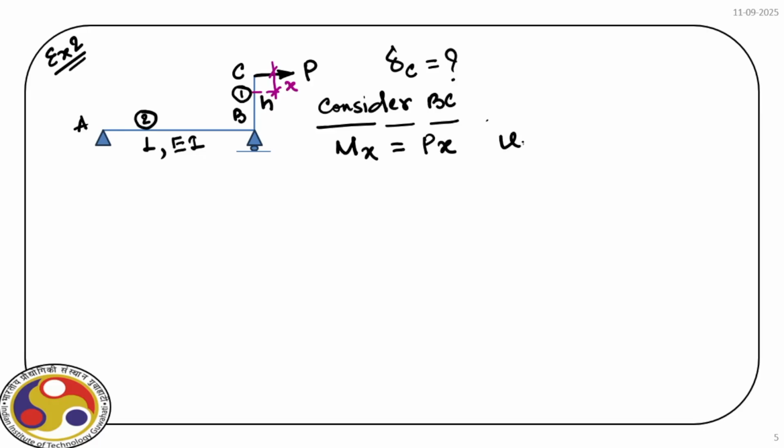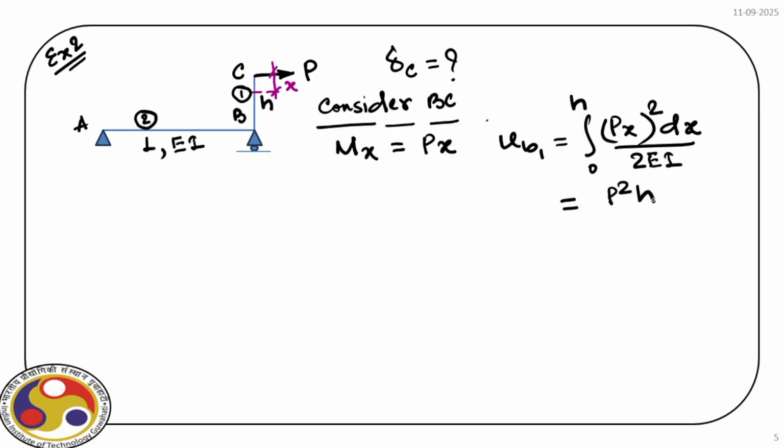Therefore, the bending strain energy in segment 1 is the integral from 0 to height H of (P times x) whole square dx divided by twice EI. So the bending strain energy in this part is P square H cube divided by 6EI.